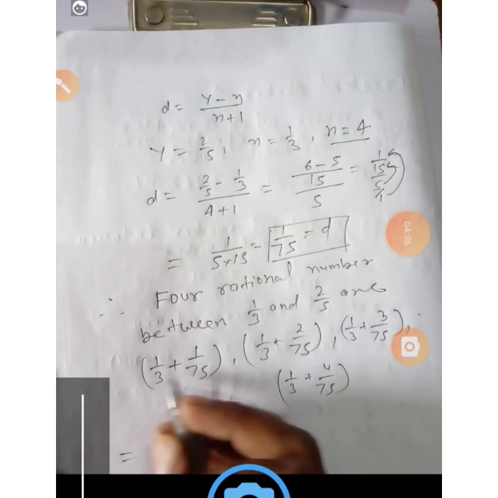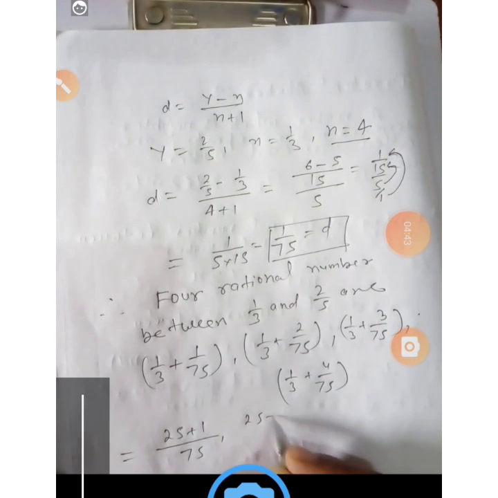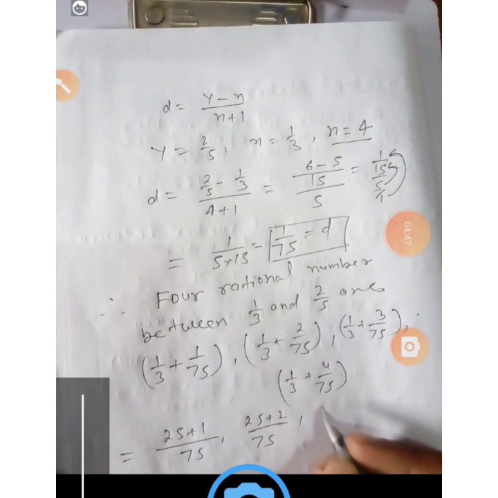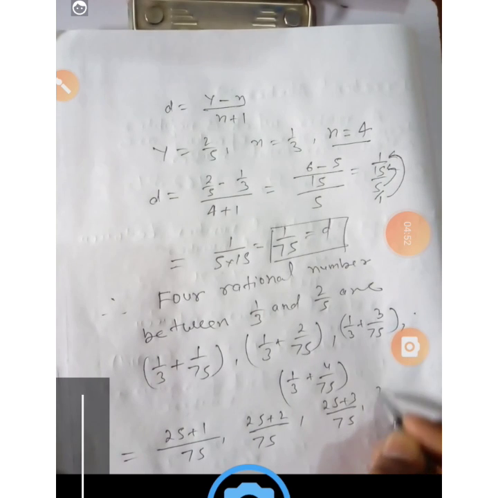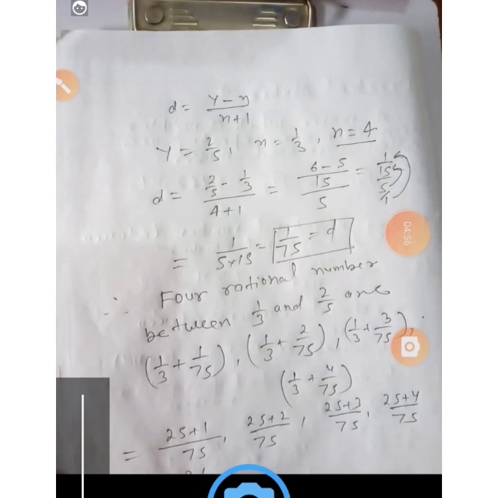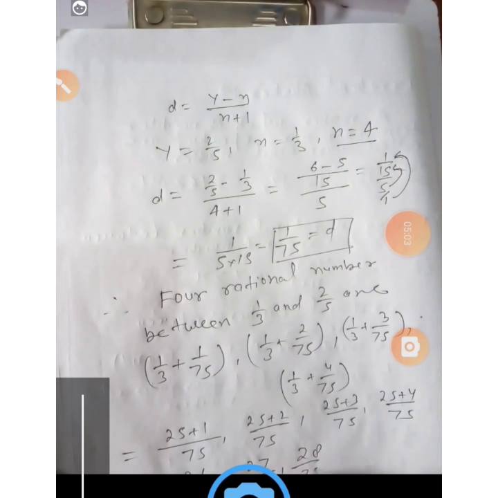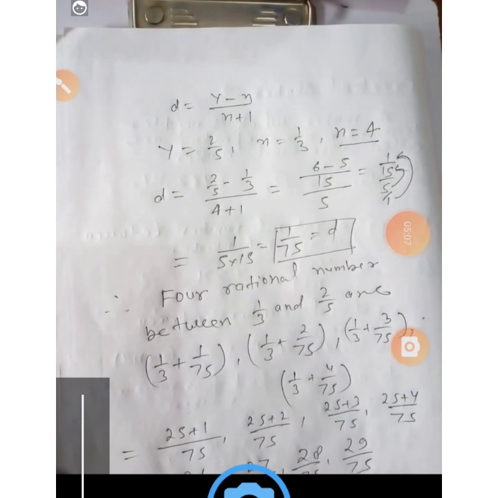After solving, the denominator is 75, and the numerators are 25 plus 1, 25 plus 2, 25 plus 3, and 25 plus 4. So we get 26 by 75, 27 by 75, 28 by 75, and 29 by 75.